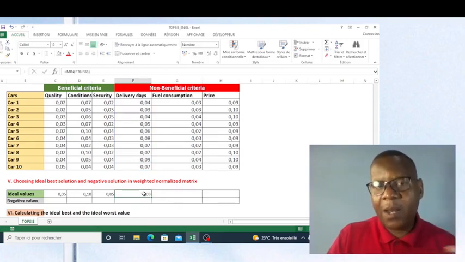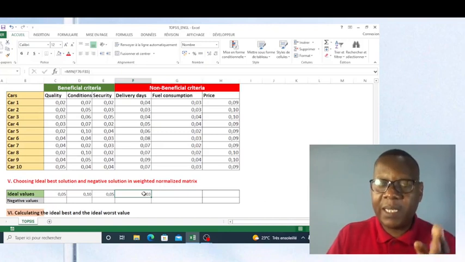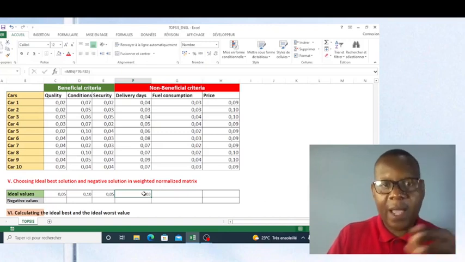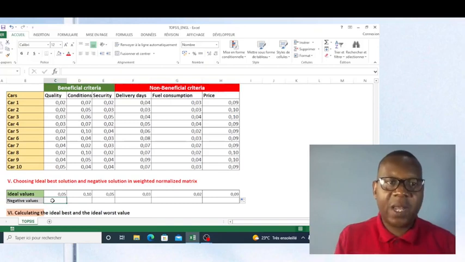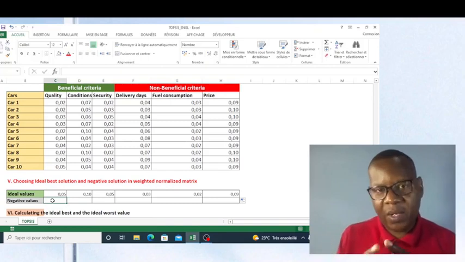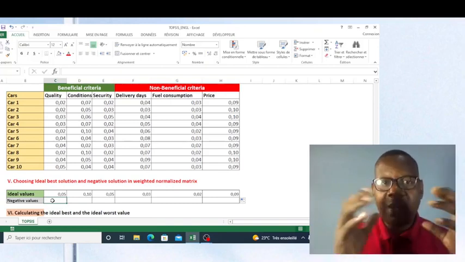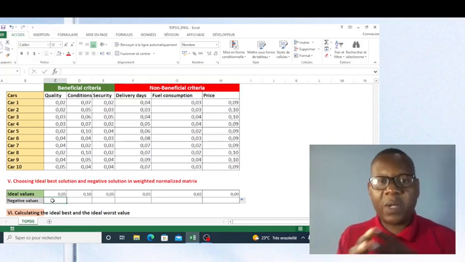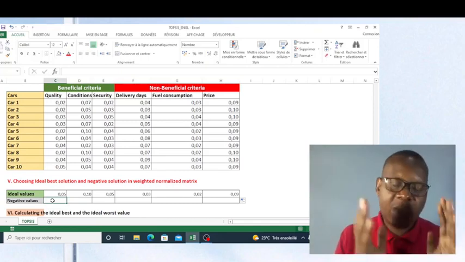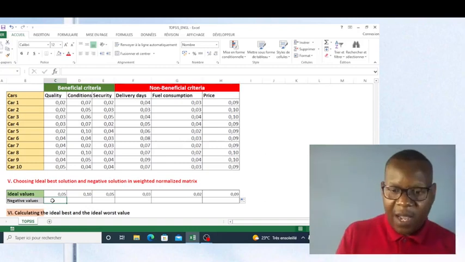Pay attention, look at how your decision matrix is built, and do not get confused, because you can make errors if you don't pay so much attention to the classification of your criteria into beneficial and non-beneficial. As you can see, in many methods, the way you make the normalization, for instance, depends on whether the criteria is beneficial or non-beneficial. That's why you have to understand what you are doing.